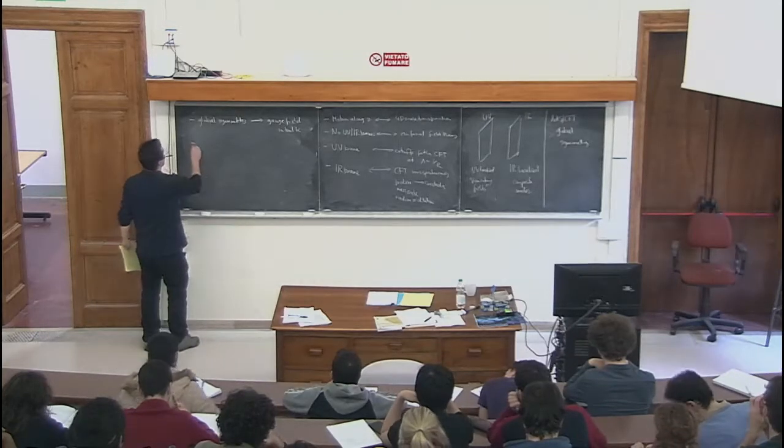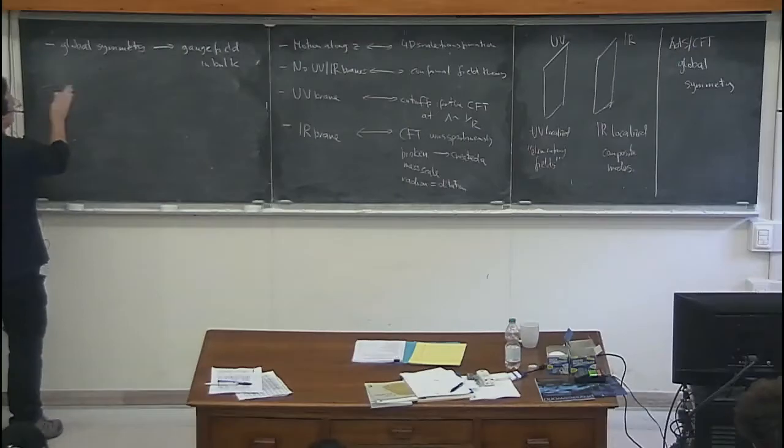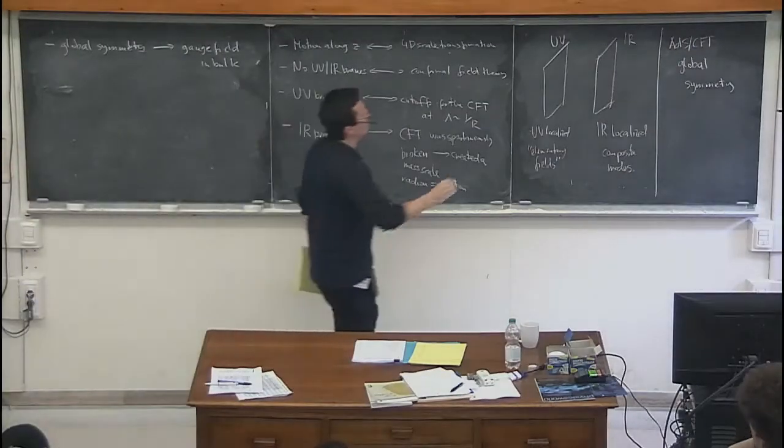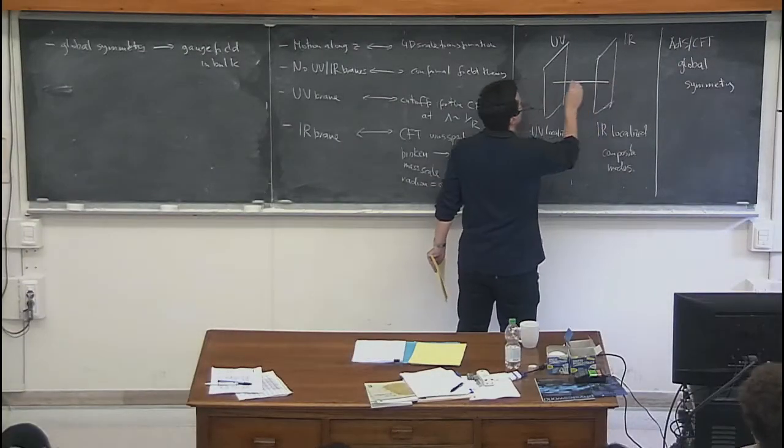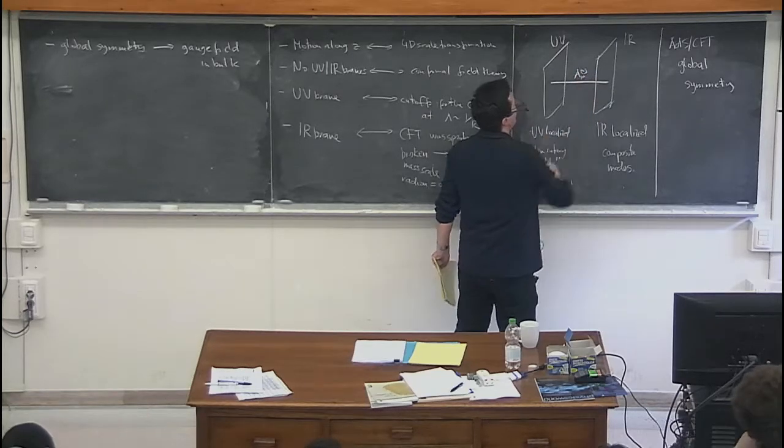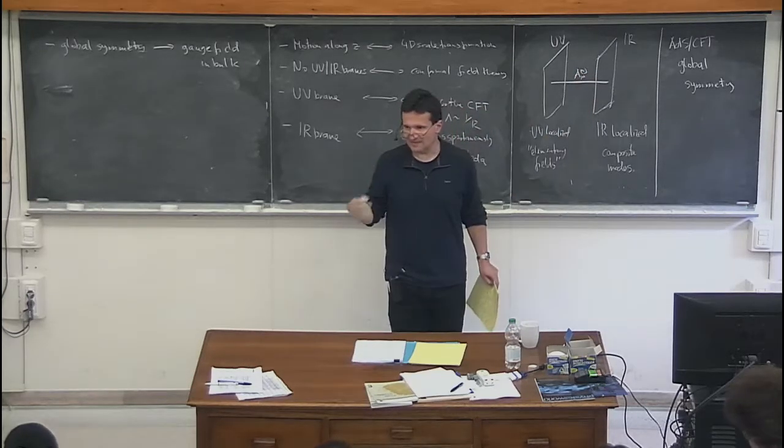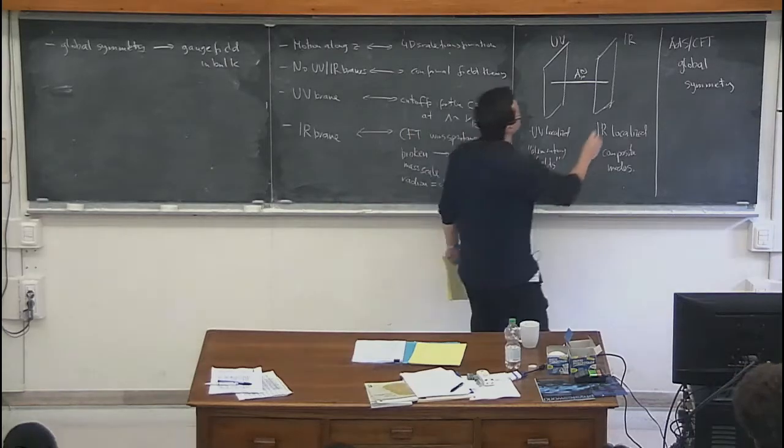So the zero mode of the gauge field turns out to be completely flat. Okay, so this is the zero mode of the gauge field. That's flat even in the warped extra-dimensional case.